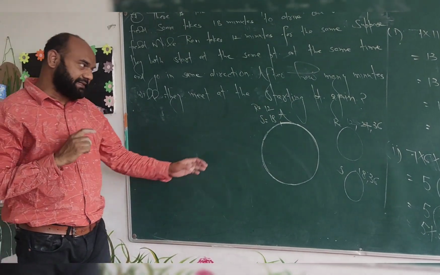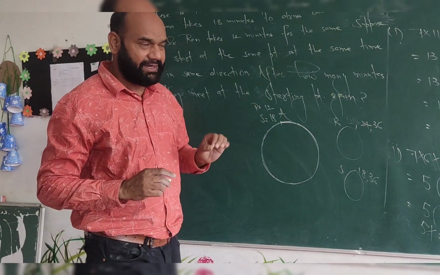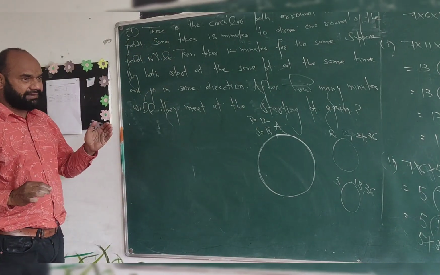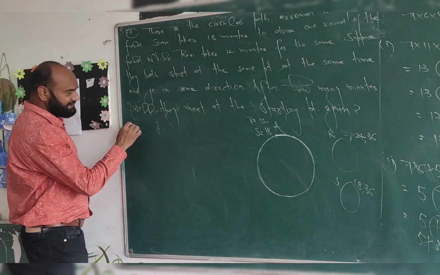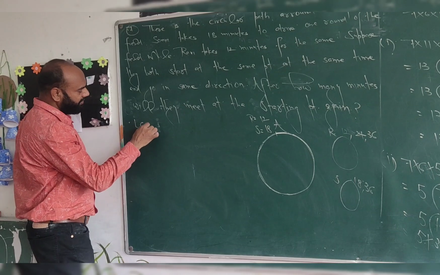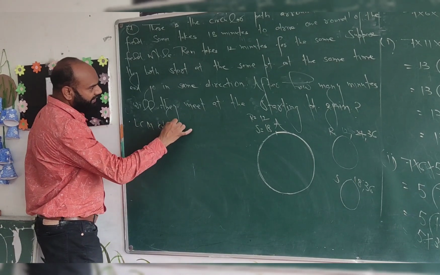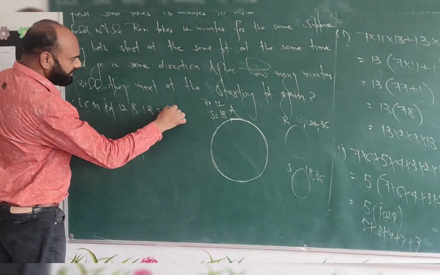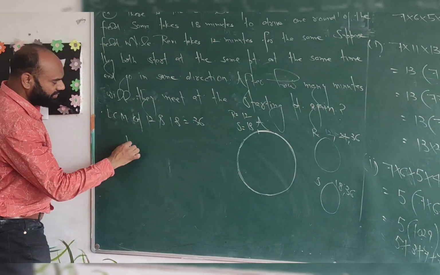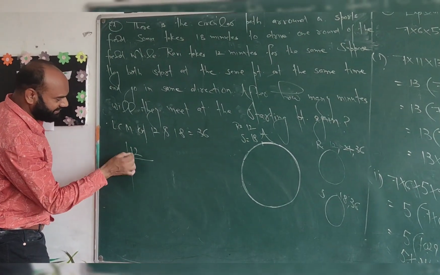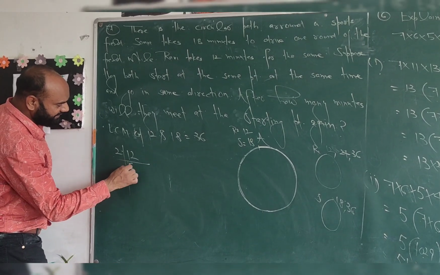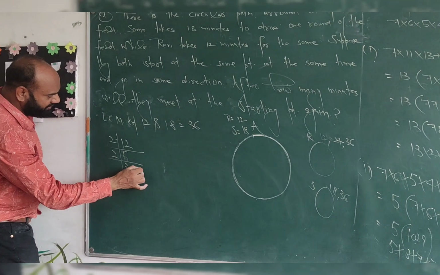Any question of this type is always solved with the LCM of the given two numbers or given three numbers, because the LCM of 12 and 18 is equal to 36. 12 has the prime factorization: it is divided by 2, this is 6, and also divided by 2, 3.